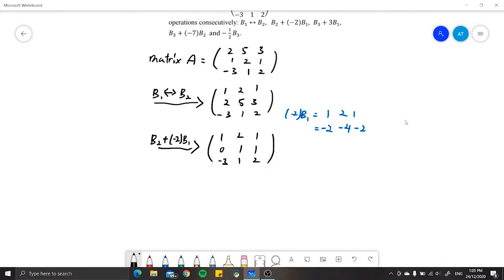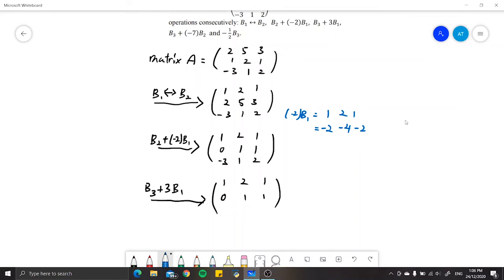Okay, next is R3 plus 3R1. This time we're going to operate on R3, which is the third row. So we'll copy down the ones that are not involved first. 1, 2, 1, 0, 1, 1.